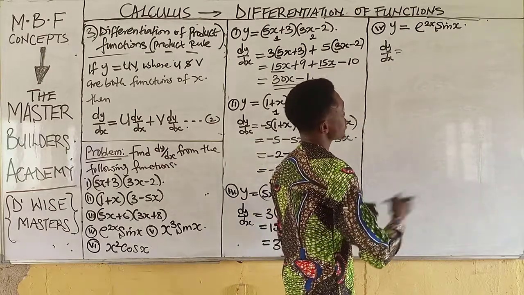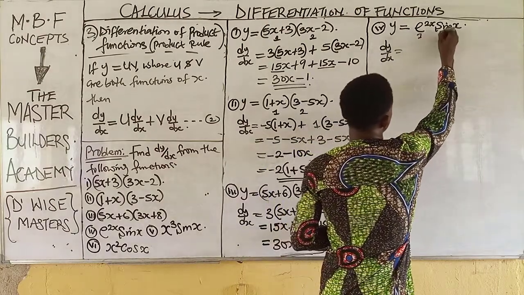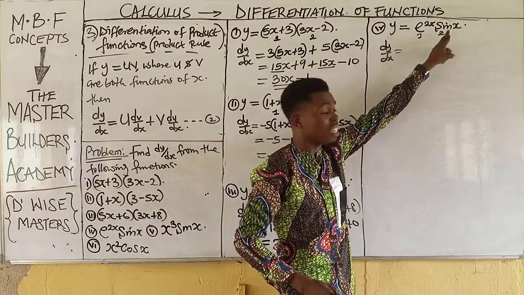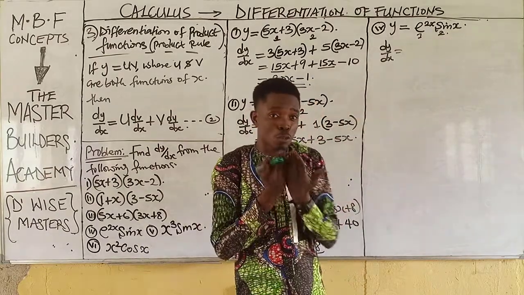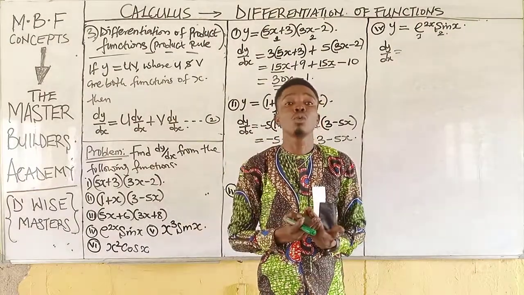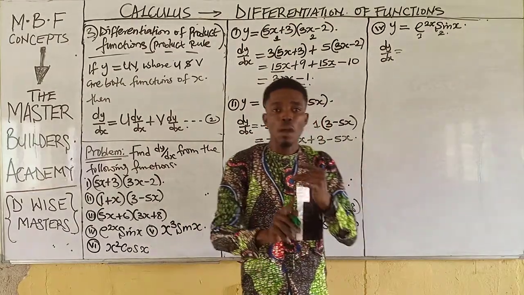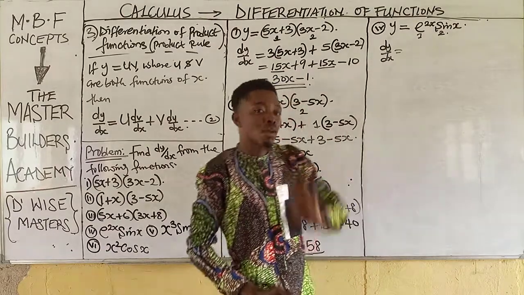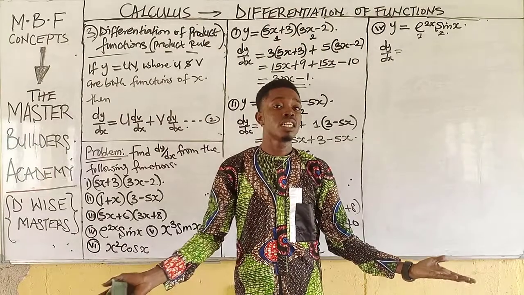So this is the first function, and this is the second function. Therefore, we understand that the relationship between the first function and the second function is product. Then we are going to use product rule. Simple as this. Now, what do we do when using product rule with shortcut? Put down the first function, differentiate the second function, and put down the second function, differentiate the first function.